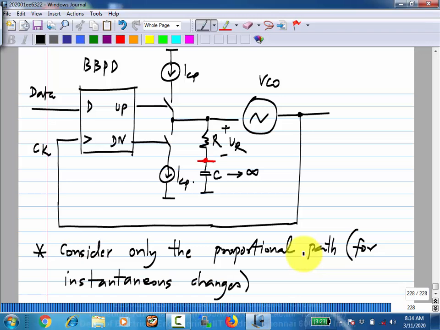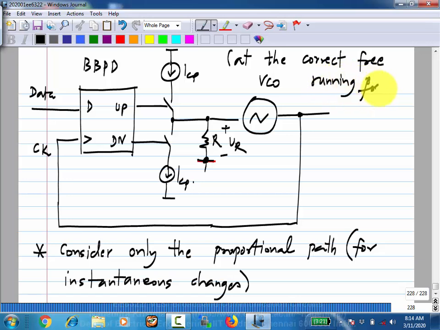Or alternatively, you can think of it as analysis of the other case with the forwarded clock with a bang-bang phase detector. So let me show only this part of it. The VCO is at the correct free running frequency.